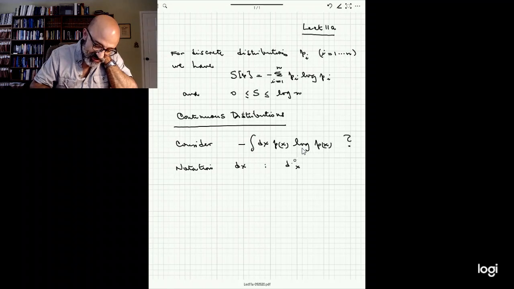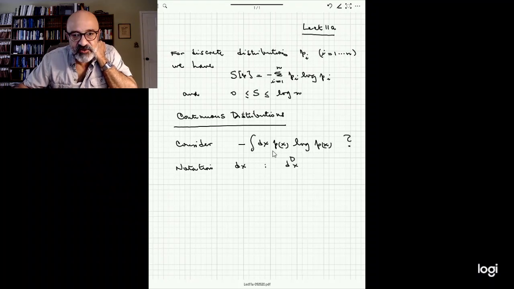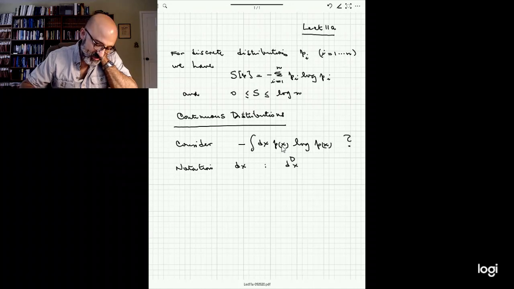So the notation is supposed to imply some d dimensions. Think of it as one dimension. It's fine. The problem arises already in one dimension. But this also includes variables that are not just single dimensional.